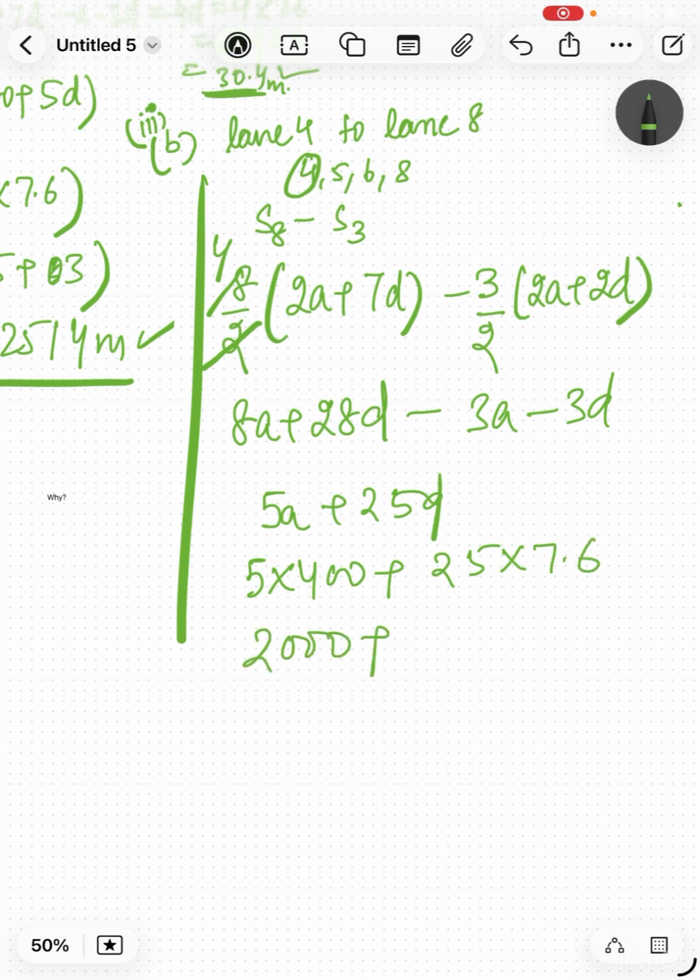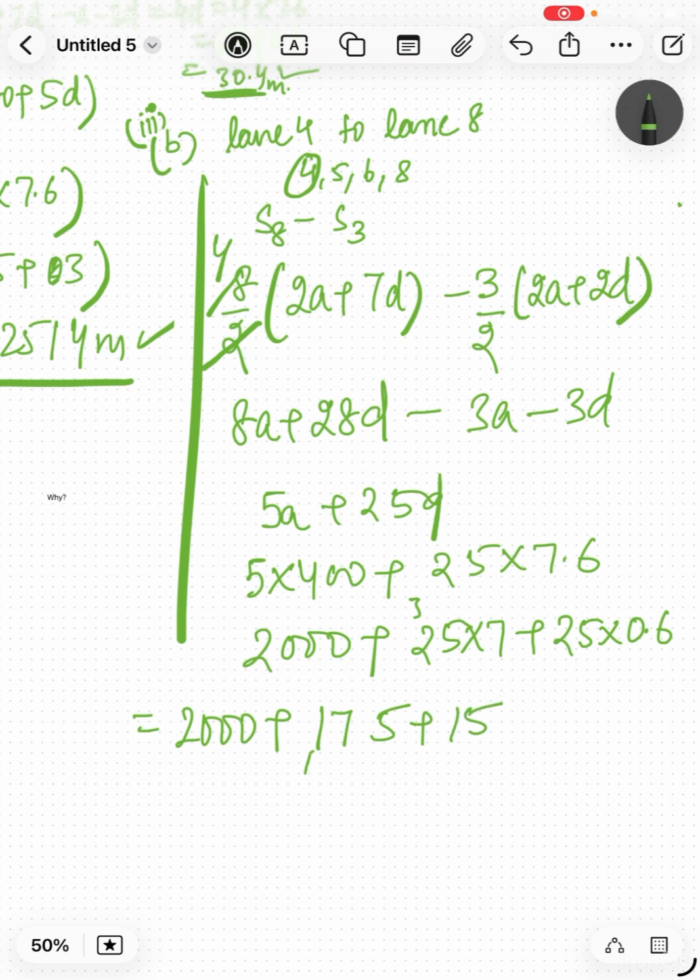This becomes 2000 plus 25 into 7 plus 25 into 0.6. So this becomes 2000 plus 25 into 7, 7 5s are 35, 3 carry, 7 2s are 14 plus 3, 17. Plus 25 into 6. 25 into 6 is 150 and 1 point, plus 15. So this becomes 190. This becomes 2190 meters.